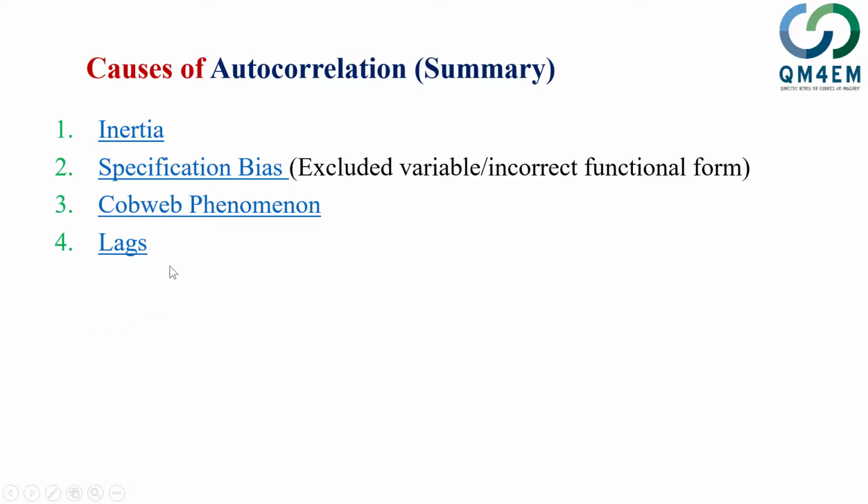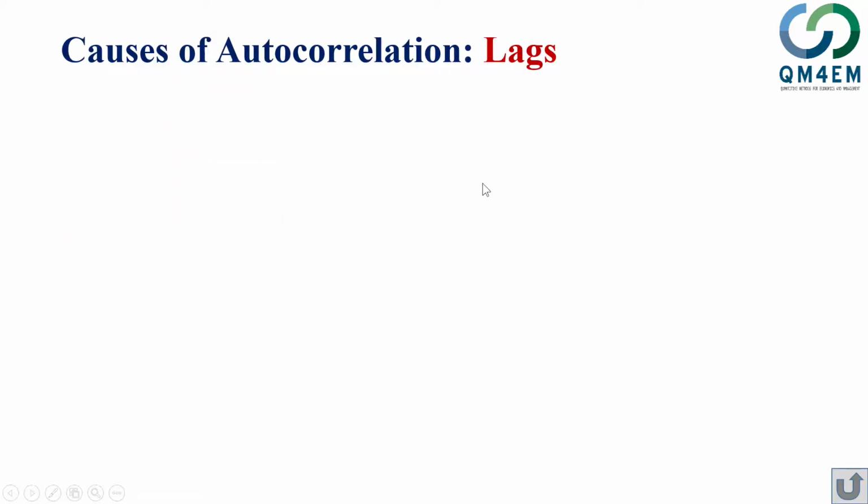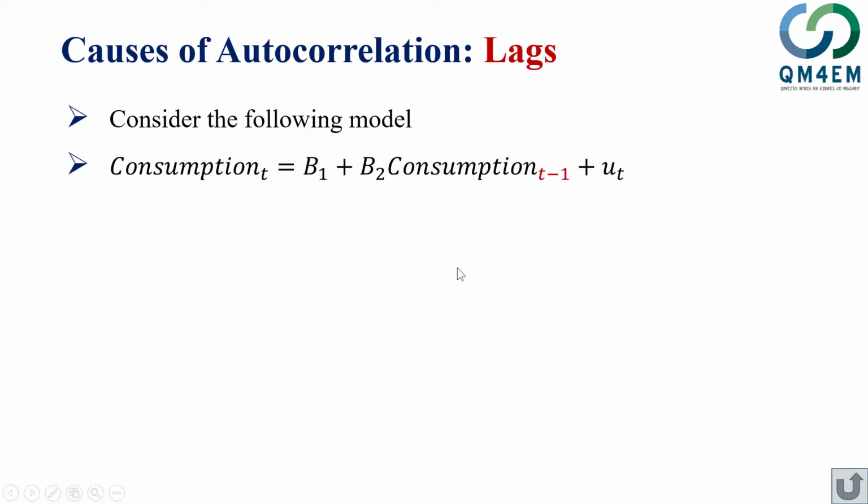Let me explain. I already told you what a lag is. So we can think of a regression model in which consumption is a function of consumption in period t-1. So consumption today depends on consumption of yesterday. That's pretty much economic behavior.